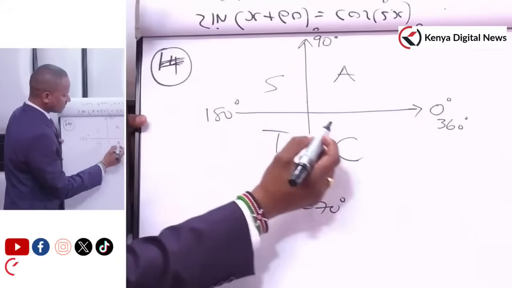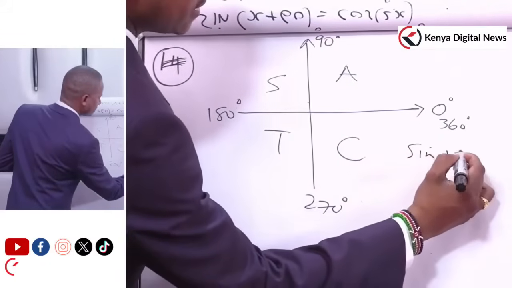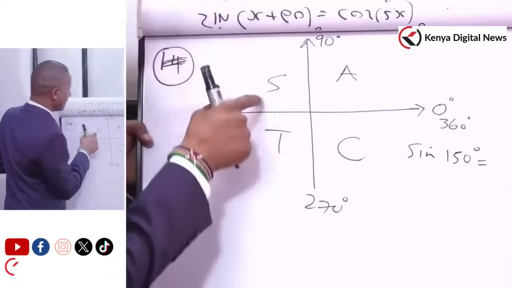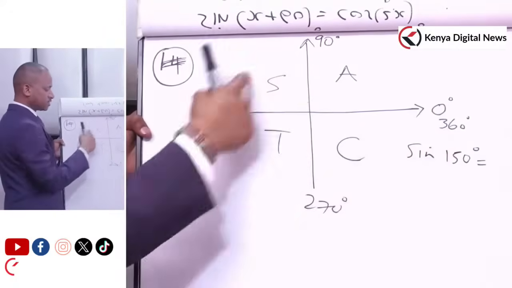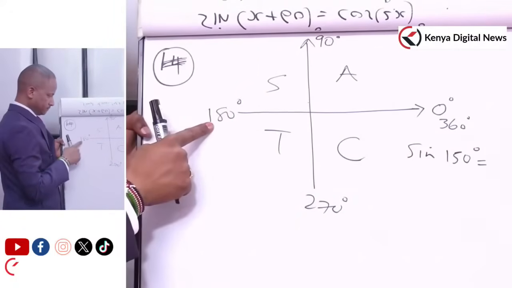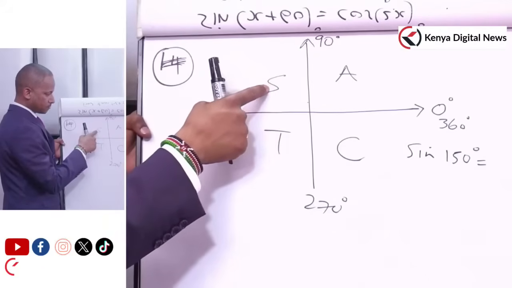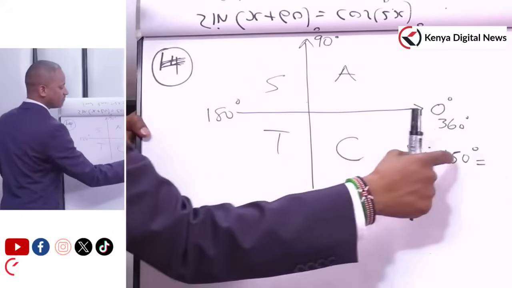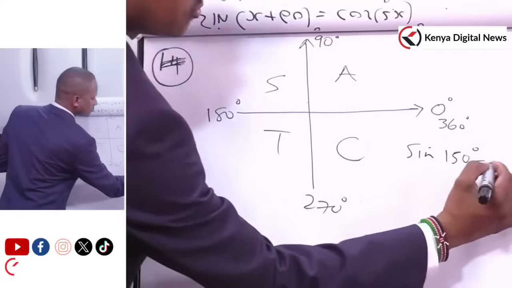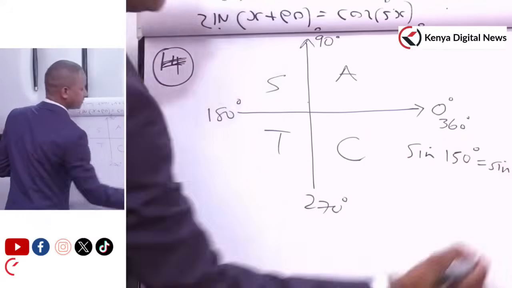This is 0 to 90, then 90 to 180. If you are told to find sine 150 degrees, you draw this quadrant. In this quadrant, sine is positive. So sine 150 will be sine of 180 minus 150 degrees, which is equal to sine 30 degrees.